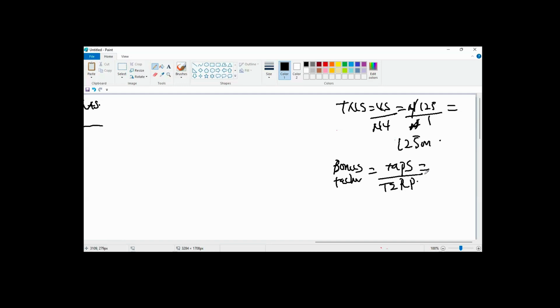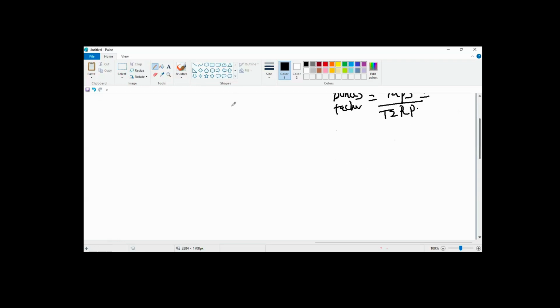Now, the issue price is 14 naira. That is the rights price. 20 naira is correct. The rights price is 14, which represents 70%. That means you are giving me a 30% discount.